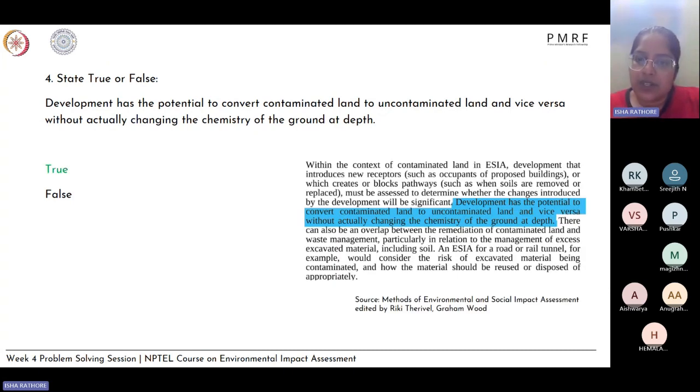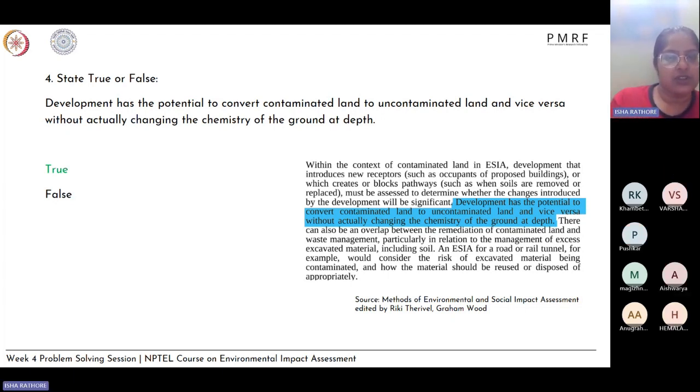Within the context of contaminated land in EIA, development can happen, and development has the potential to convert contaminated land to uncontaminated land and vice versa without actually changing the chemistry of the ground at depth. So development can happen, but it does not change the geomorphological character of the soil at depth.